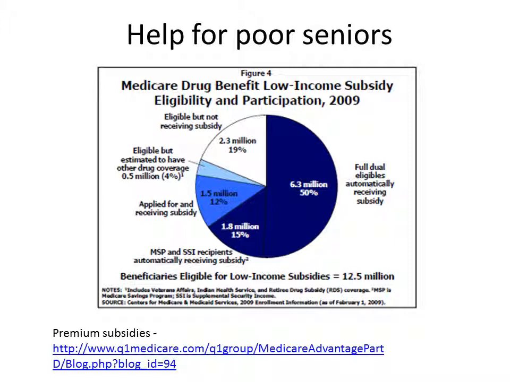And then there are people who seem to be eligible for low income subsidies, so they actually are low income, but they actually seem to have some other type of drug coverage, and not one that's required by or contracted through Medicare.